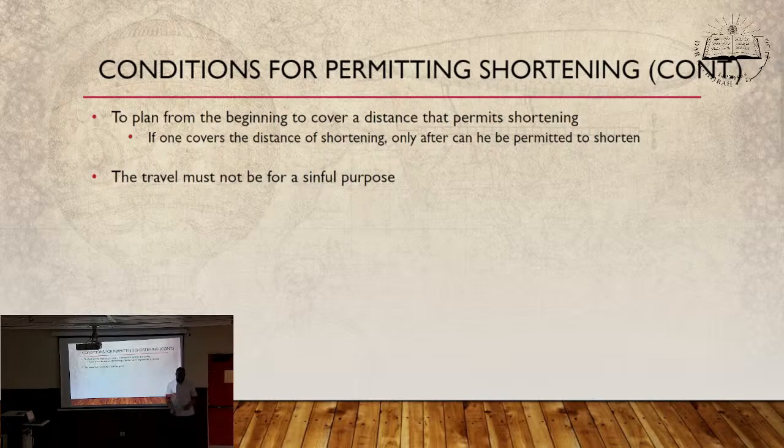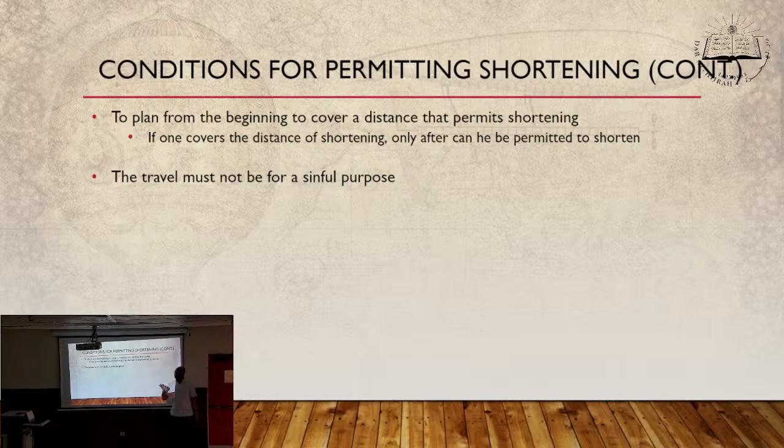Now I'll give you a second example. An individual drove to Richmond to rob people. What is his intention? Robbing. Is it sinful or not? It's sinful. So this individual is not allowed to shorten the prayer. Why? We spoke about this before. The intention is extremely important.